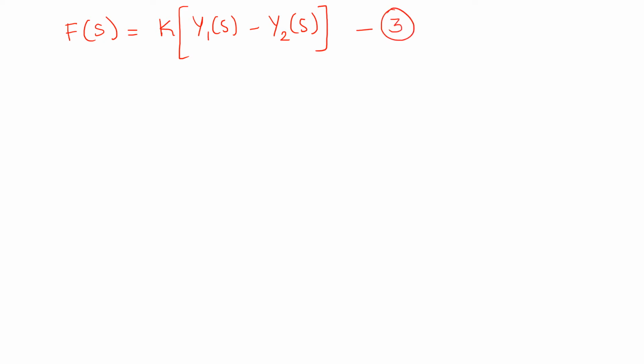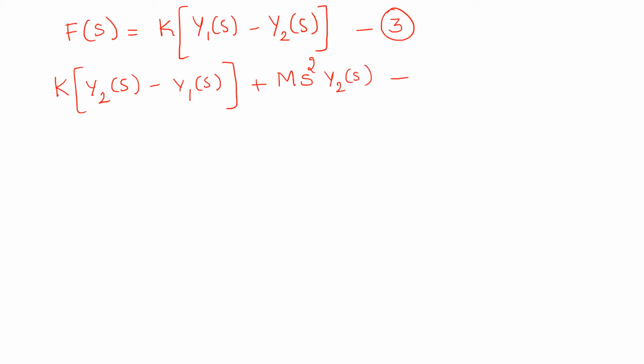Similarly, if we apply the Laplace transform to the second equation, it becomes k into Y2 of s minus Y1 of s, plus m into s square Y2 of s, plus b into s into Y2 of s, equal to 0.